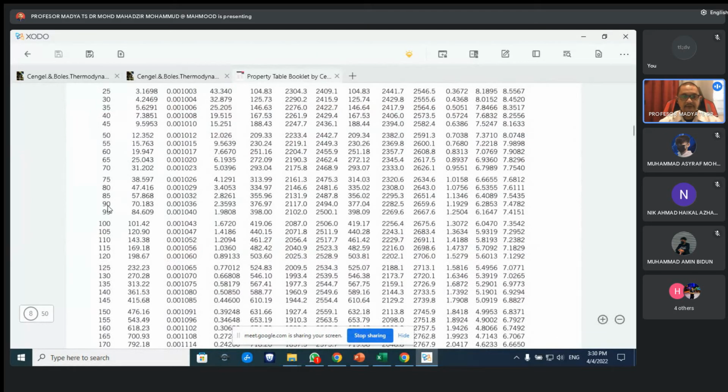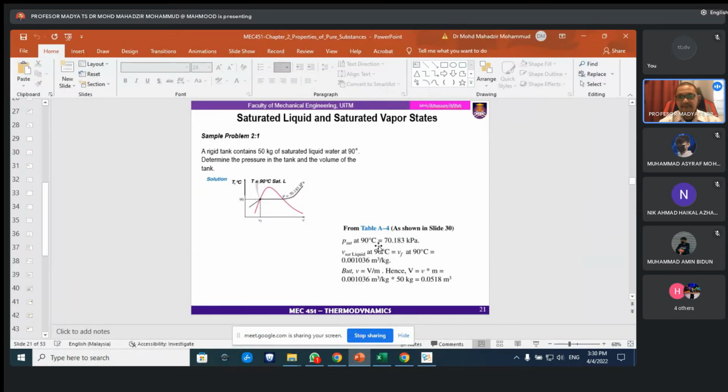When the temperature is 90 Celsius, the saturated pressure is 70.183 kilopascal. And at 90 Celsius, the saturated liquid specific volume, that means Vf, is 0.001036 meter cube per kg.